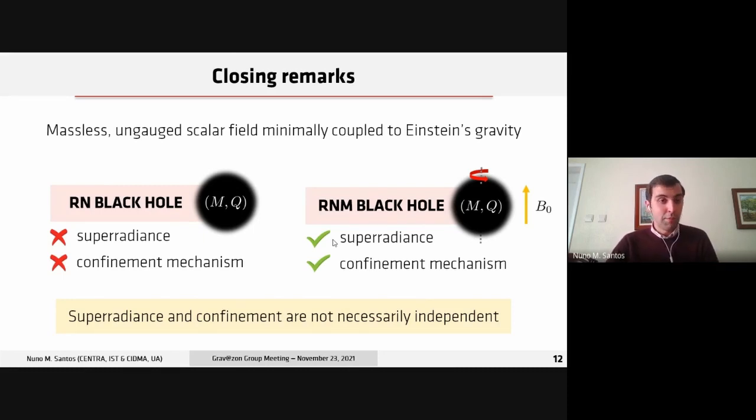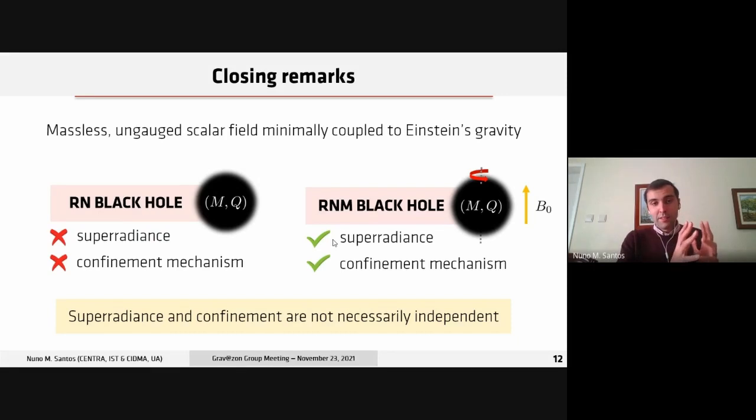It would be if the field was charged, okay? It's not the case, so we don't have superradiance in this case. And also, this system does not feature a natural confinement mechanism because the field is massless, we don't have a magnetic field, we don't have a mirror, so we don't have either superradiance nor a confinement mechanism.